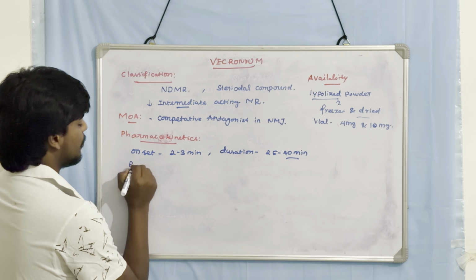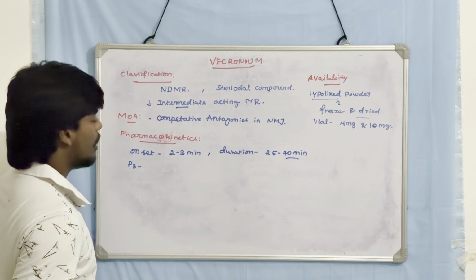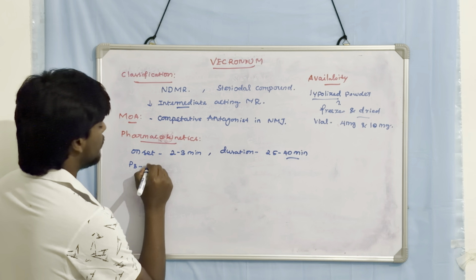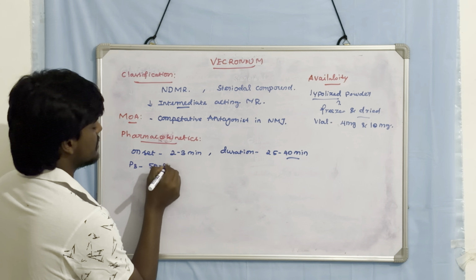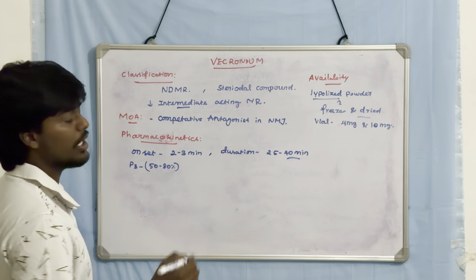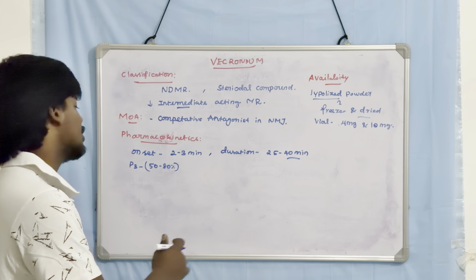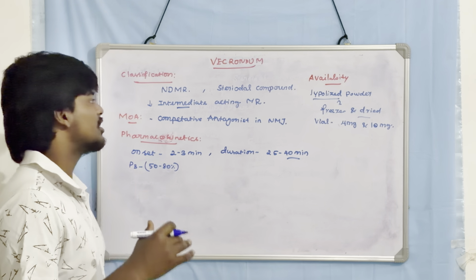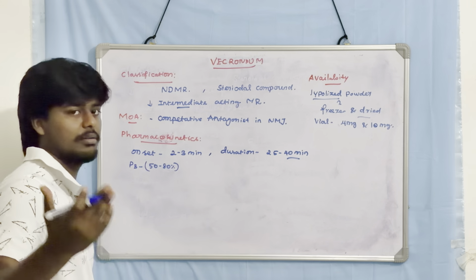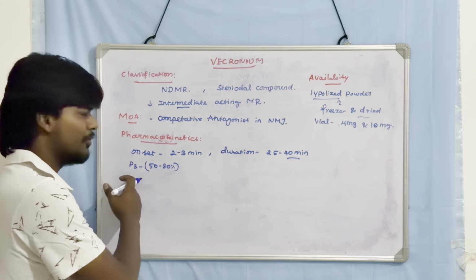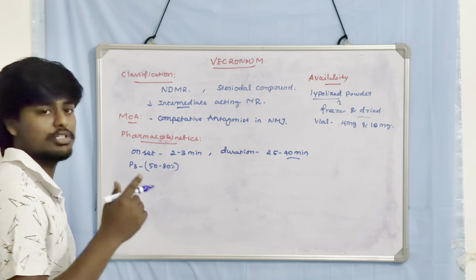Then protein binding. It is 50 to 80 percent. Okay, 50 to 80% of the drug is bound to protein, especially albumin. So the free drug is very small. That's why it is an intermediate acting muscle relaxant. In the previous video, we learned about this concept, so check that video also.